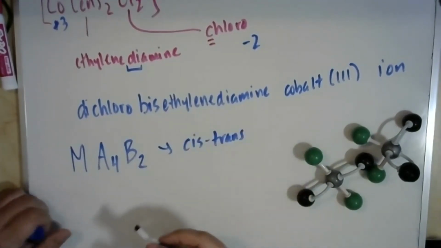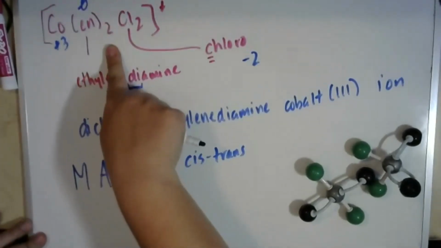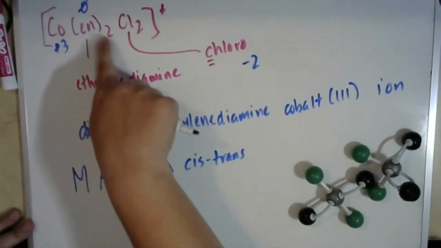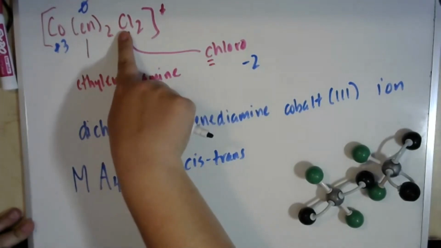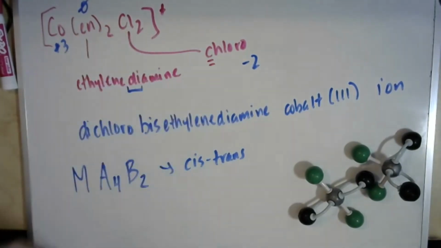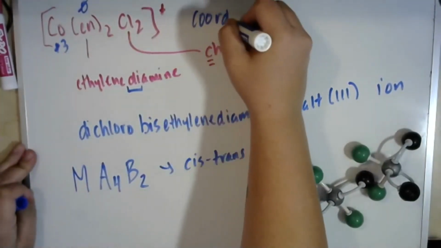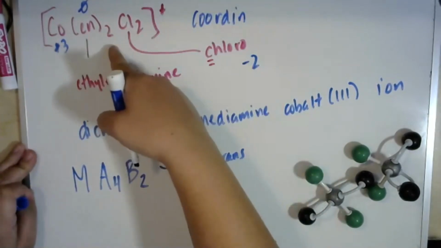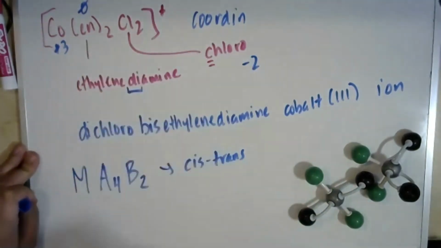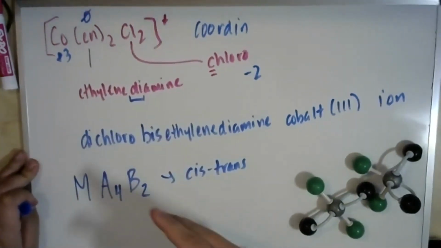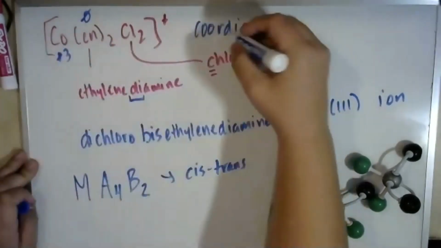With this formula, we have 2 ethylene diamines and 2 chlorines. Your ethylene diamine is bidentate, and this is a great question for coordination number, so it has 2 places on the molecule where it can attach to the cobalt.